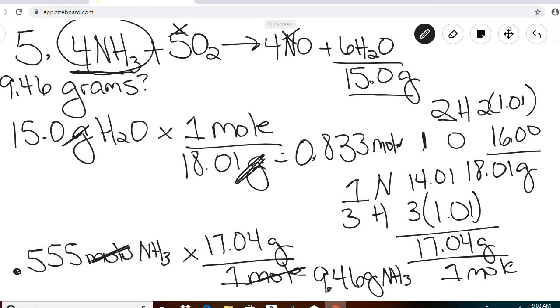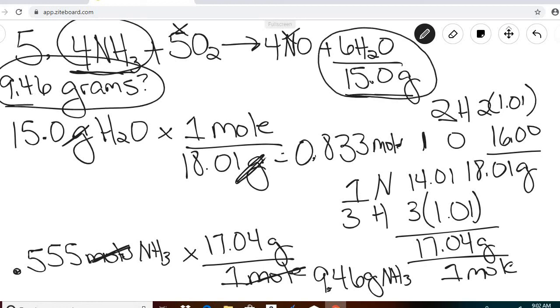So up here, the answer that we got was 9.46 grams. Again, we started with grams of water. To use ratios within the equation, we needed to get into moles, so we converted these grams of water into moles. Once we knew the moles of water, we can use ratios to determine the moles of NH3.